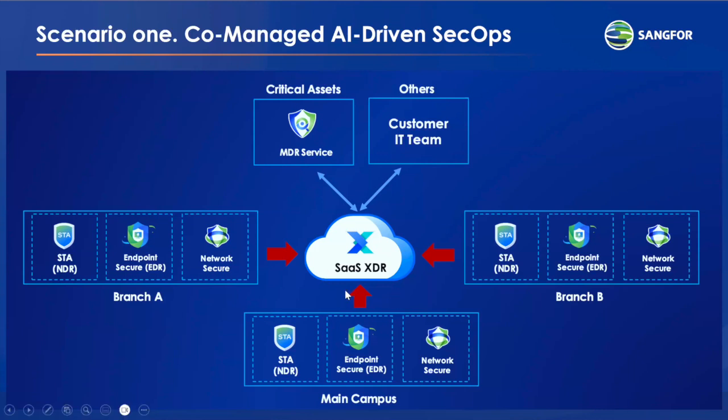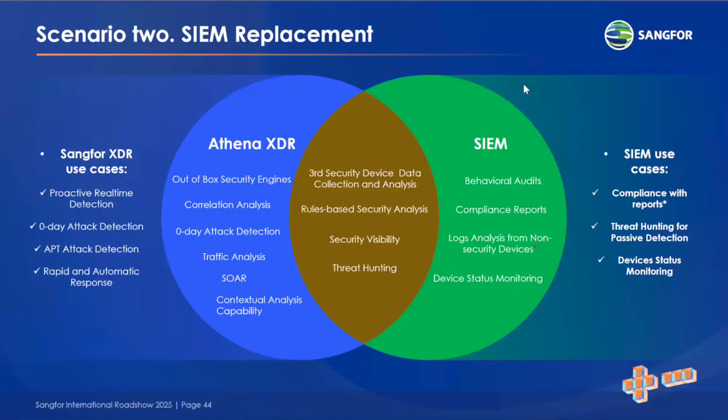And they also want Sangfor to take care of the detection and response. So XDR and MDR is called co-managed AI-driven SecOps. That is an ideal scenario, and we do a lot of it in the UAE.